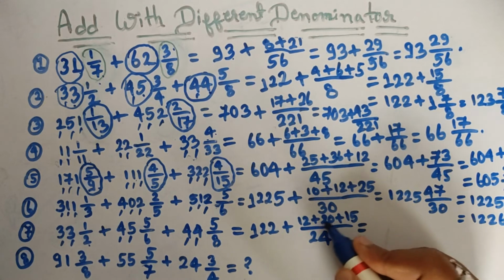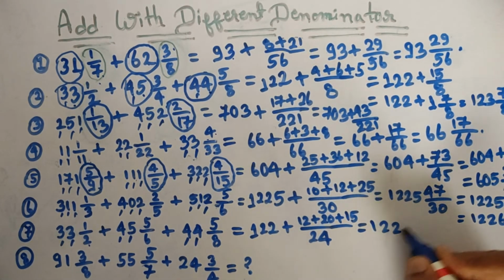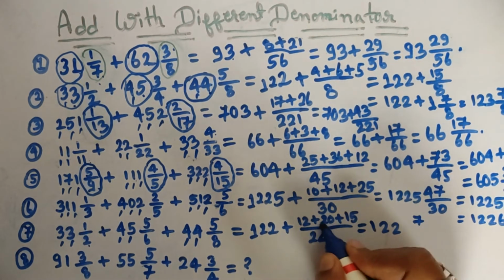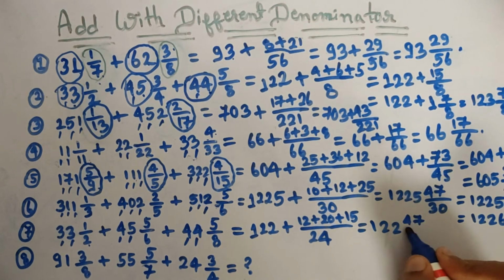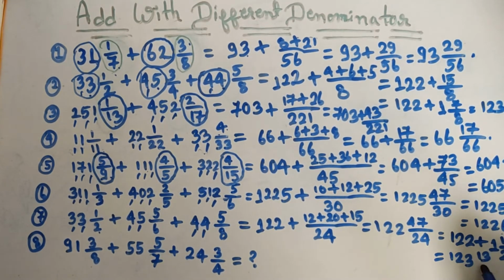So add it: 12 plus 20 plus 15 gives 47 by 24. As you can see here, 47 is greater than 24, so we can write it as 122 plus 1 and 13 by 24. So we can write it as 123 and 13 by 24.